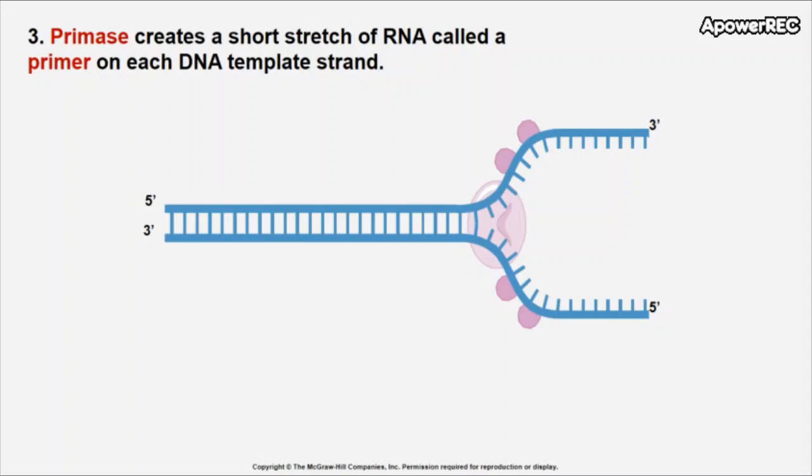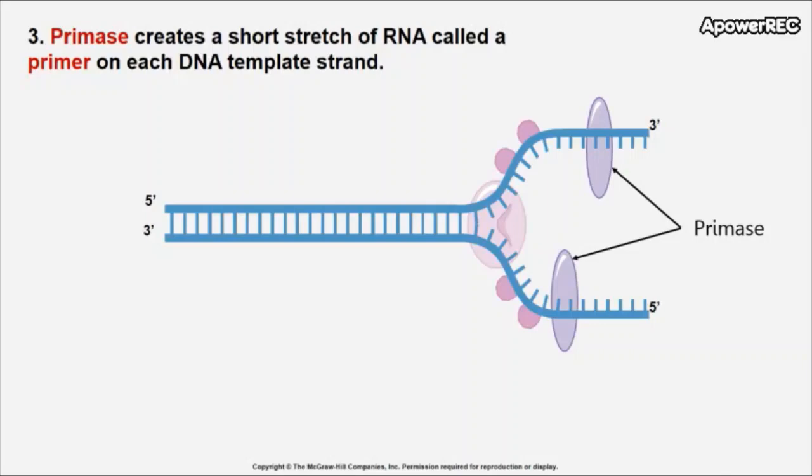We'll discuss RNA later on, but it's another type of genetic material, and this RNA is called a primer, and these primers attach to the DNA template strand. So we need primase for both strands, the top strand and the bottom strand.